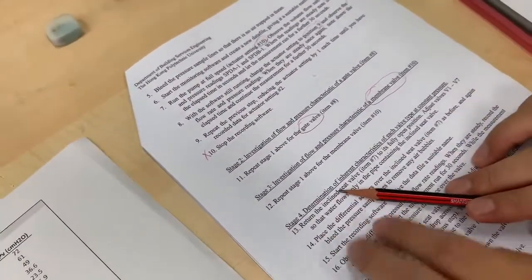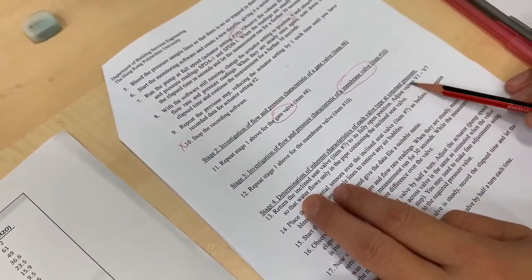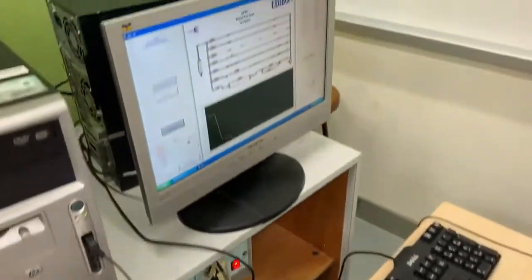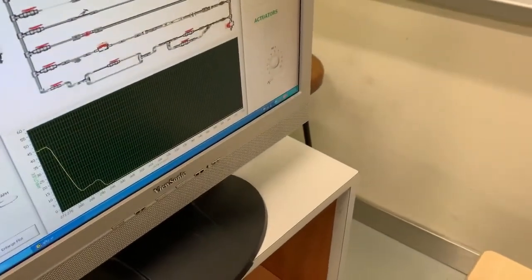Stage 4 is the determination of the flow characteristic for each valve type at a constant pressure. So we first start at the maximum flow rate.